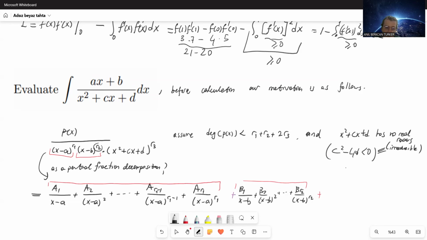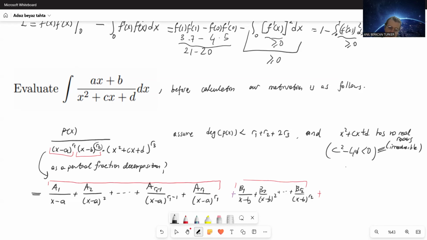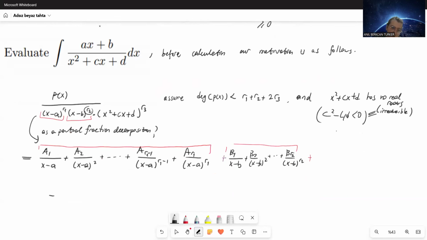Anyway, how do we express this as a partial fraction decomposition? Let me make some space. So plus c1 x plus d1 over x squared plus cx plus d, plus c2 x plus d2. Since my irreducible degree is 2, I always need to put a polynomial of one degree less. It should be everywhere, okay?